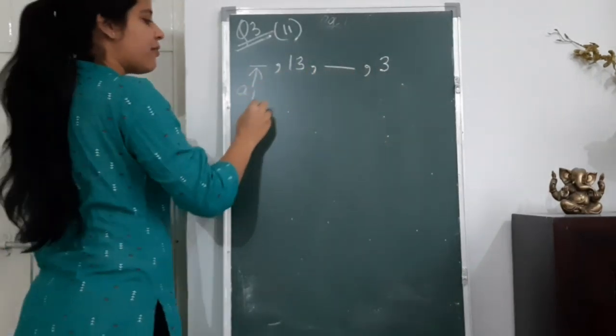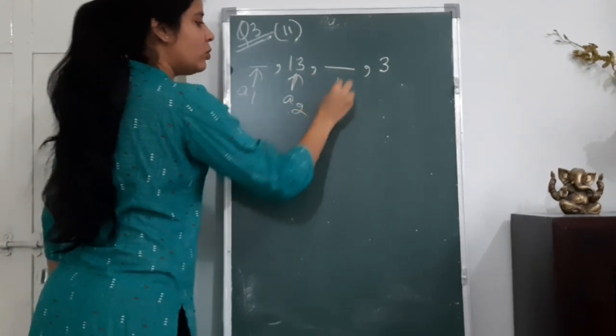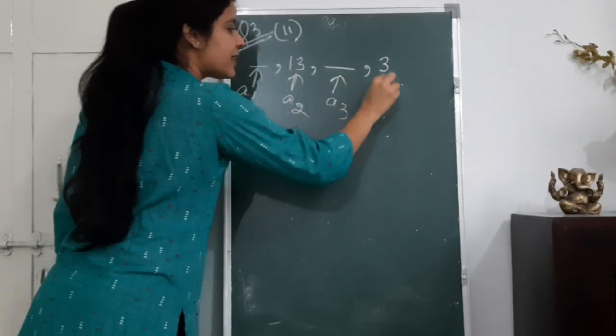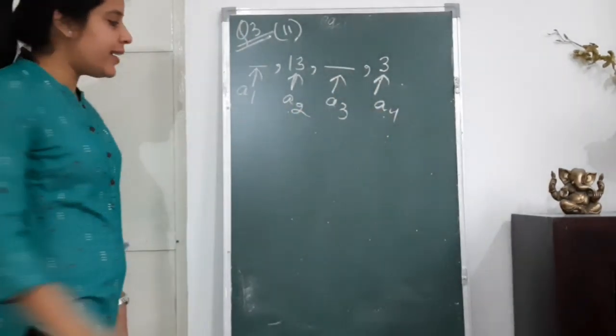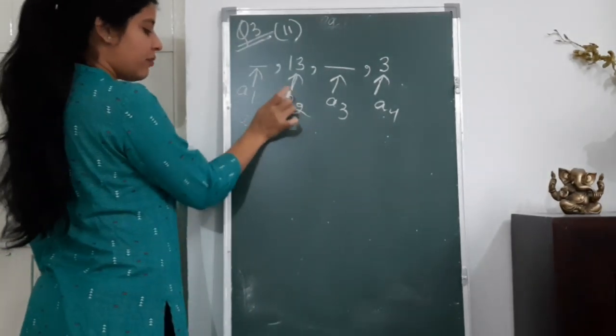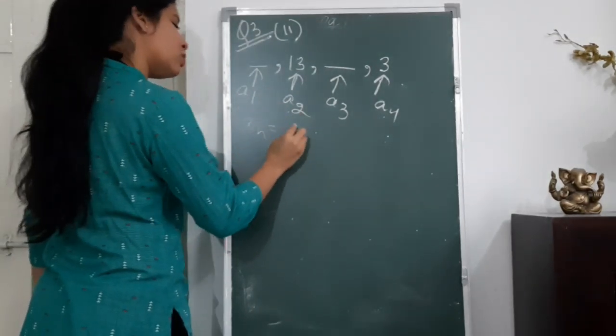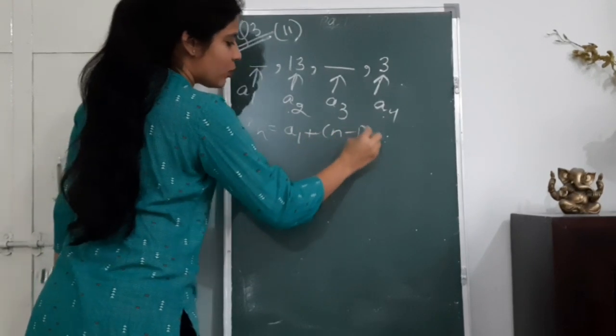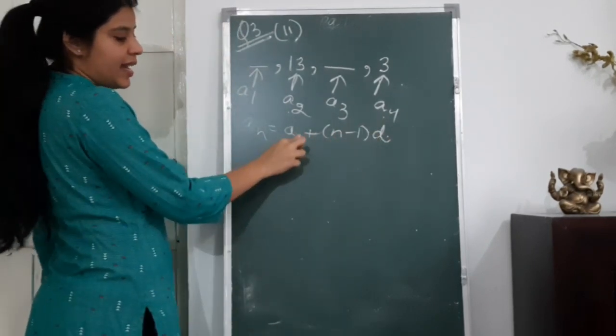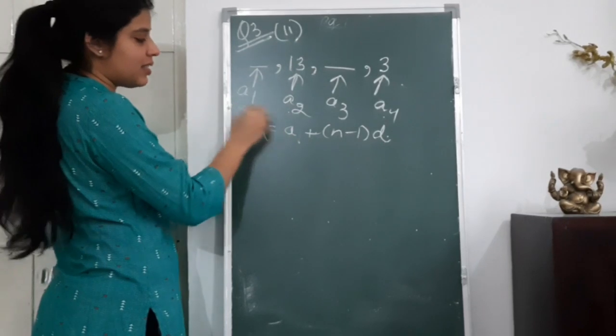This is A1, this is A2, this is A3 and this is A4, right? We know the formula of An is equal to A1 plus n minus 1 into D, where A1 or A is our first term.